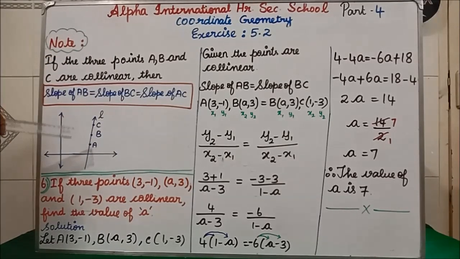In the previous exercise 5.1 itself we have done collinear problems. There we used the area of the triangle formula. We applied area of the triangle equal to 0. But here in collinear we are using the slope of AB.